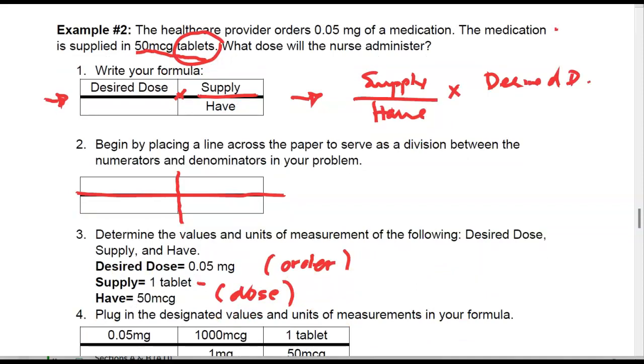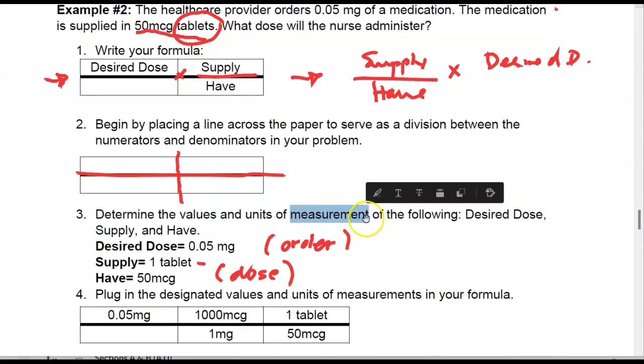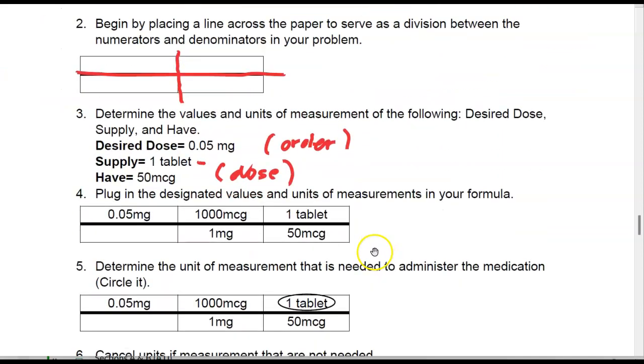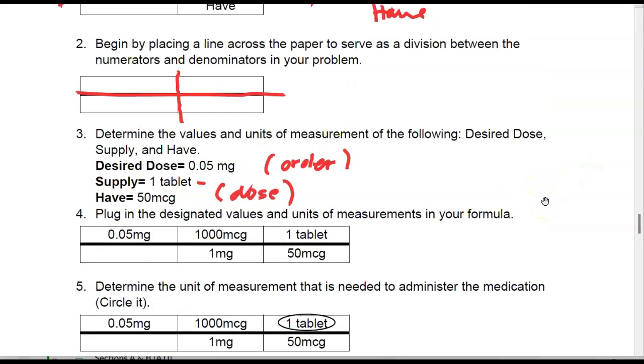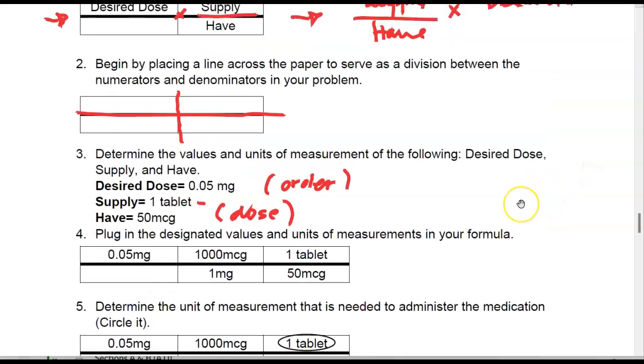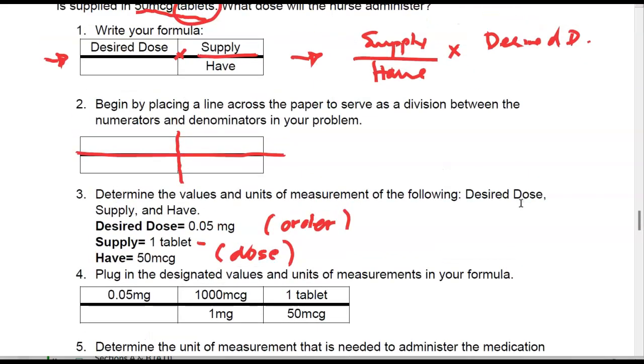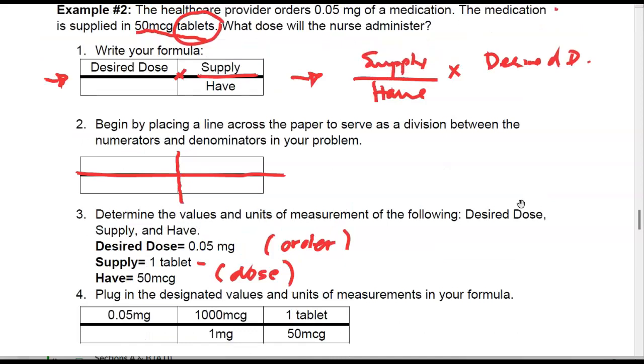So we have step number 4. We plug in the designated values and units of measurement in our formula. Go back here, that way you can see where we got it from.